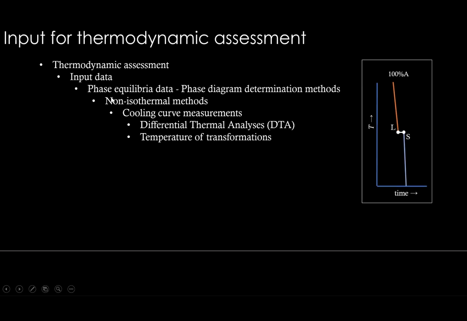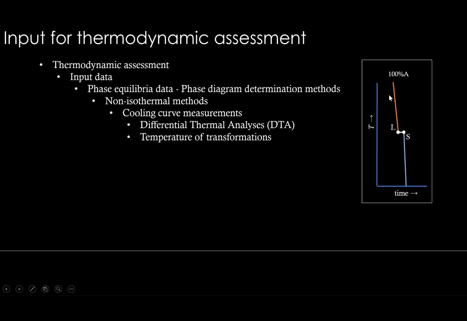Okay, the first one is cooling curve method, non-isothermal in the sense that the temperature is not going to be constant at various temperatures. With respect to time, how the temperature changes and any phase transformation happens, that will be noted. And this we have seen in the very first method of phase diagram construction, just after introduction of physical metallurgy.